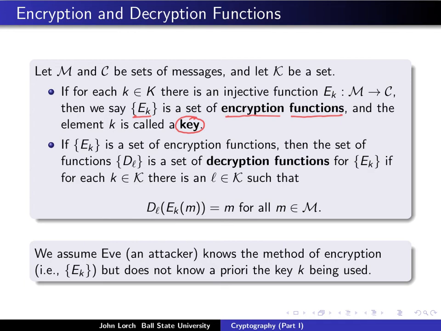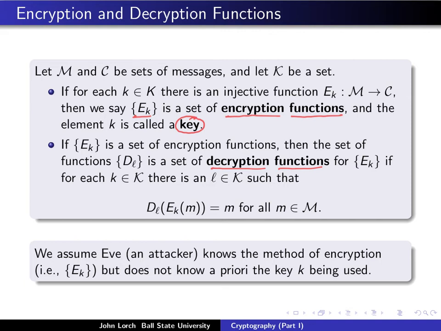Now, if we have a set of encryption functions, then the set of functions D sub L is called a set of decryption functions for these encryption functions, if for each K in capital K, there's an L also in capital K, so that D sub L of E sub K of M is just M again.